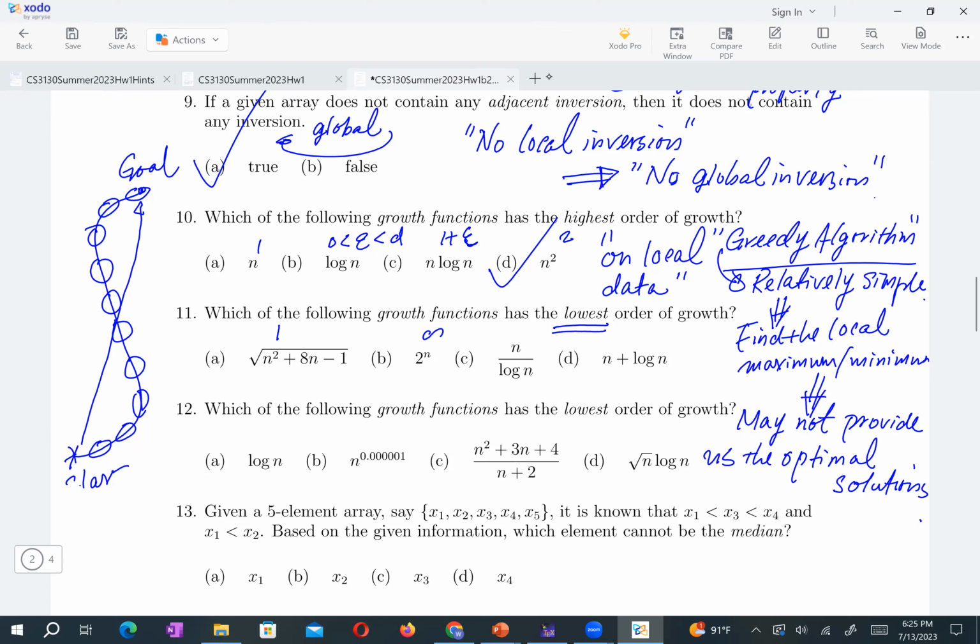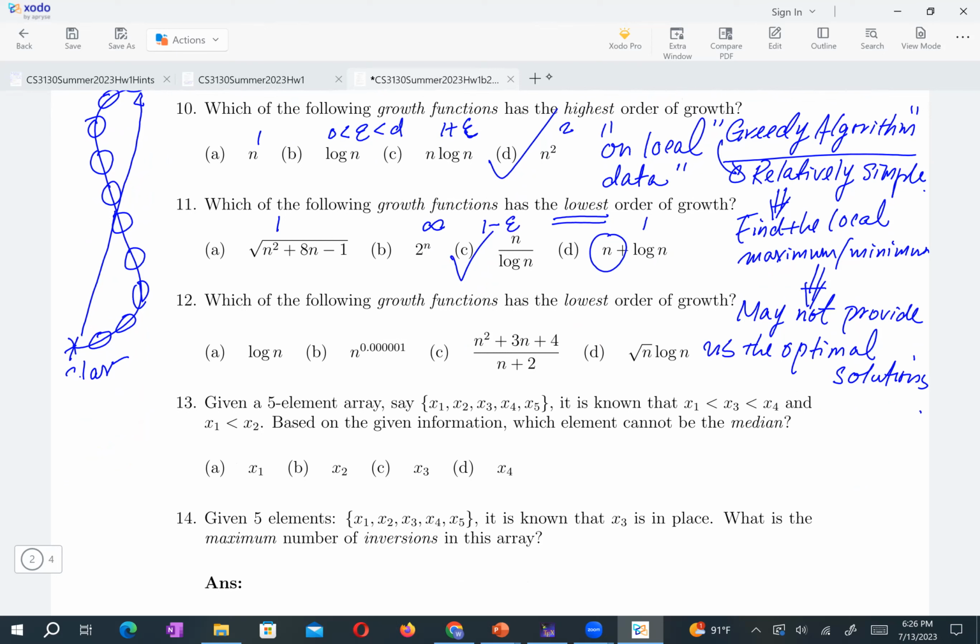Although when you use infinity, you should be careful, but here temporarily we use infinity. For C, we use 1 minus epsilon. For D, we use 1 because we just keep the dominant term. Now for your comparison, C is the lowest order of growth.